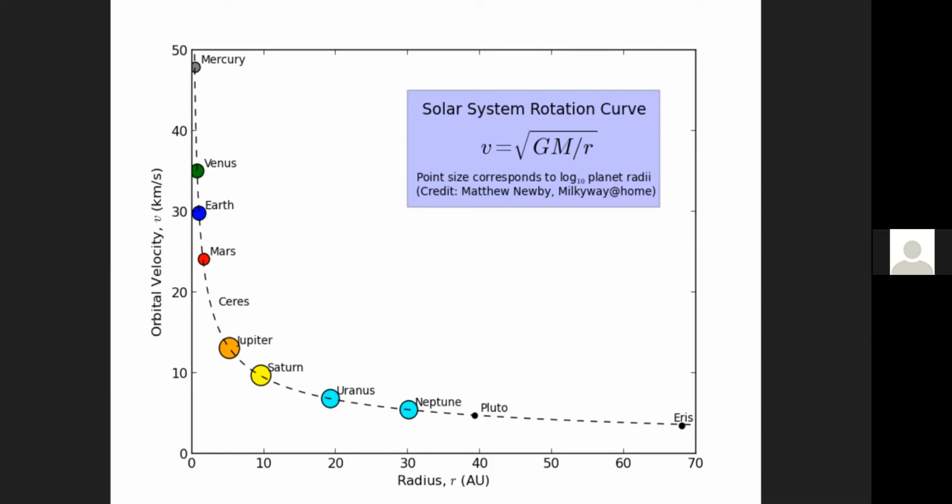And indeed, the orbital velocity tells us the total amount of mass within its orbit. It doesn't need to be at the center, it can be anywhere, but it does tell you the total amount of mass. So you can increase the orbital speed by putting significant mass anywhere within its orbit.